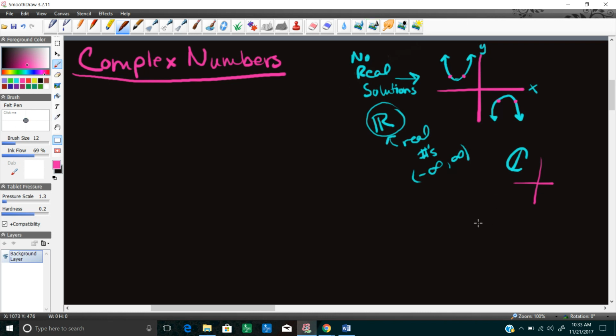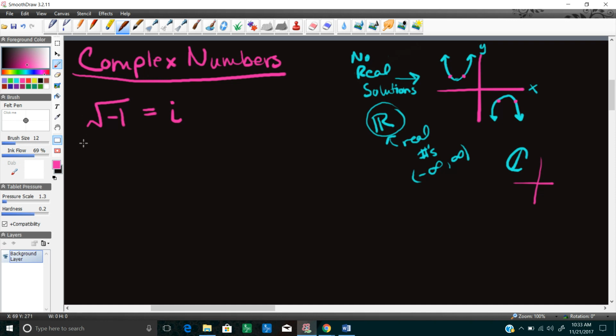So let's go ahead and talk about the math part. If you didn't get this part, that's okay. Complex numbers are an entirely different lesson, and we are not going to get too much into them, but we do need them to solve certain problems. So let's do some notation here.